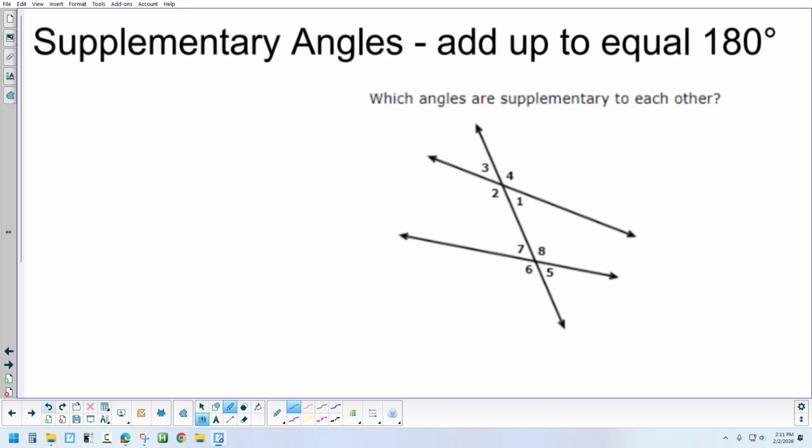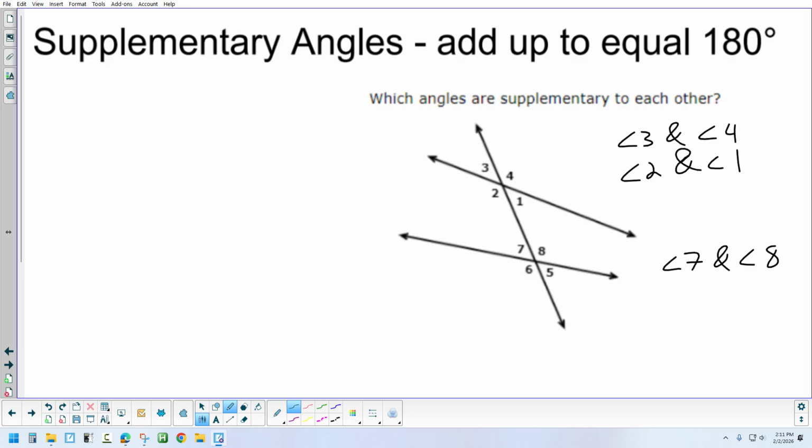All right. So how about here? I think we got a lot of them. Can somebody give me a pair of angles that look like they make a straight line? Yep. 3 and 4. 2 and 1. Yep. Somebody else give me another. 7 and 8. Yep. What else? How about Caleb?